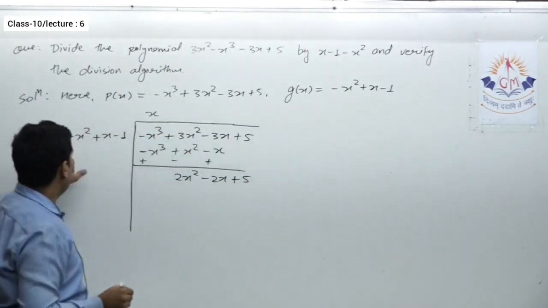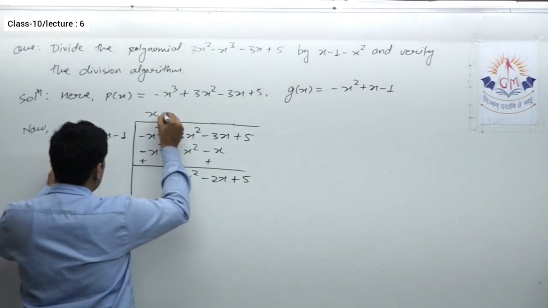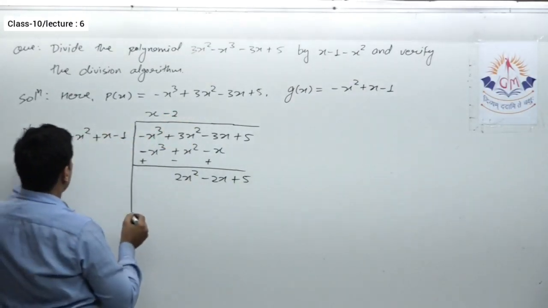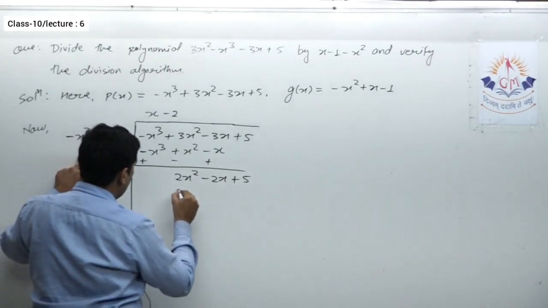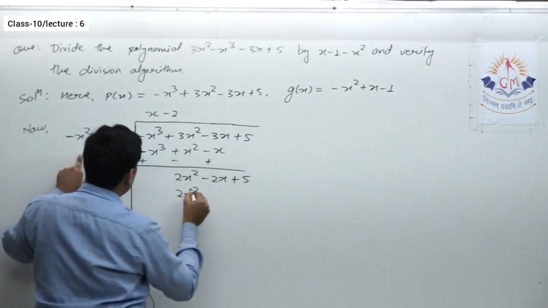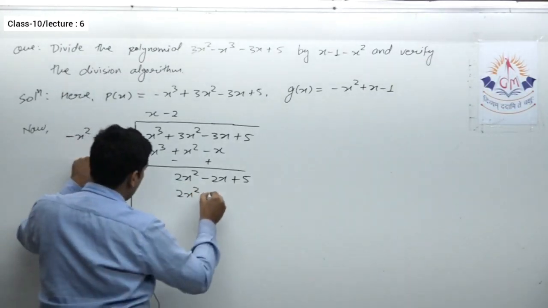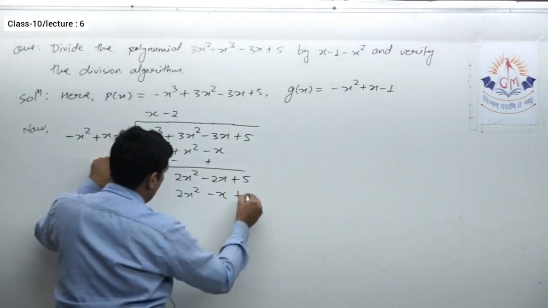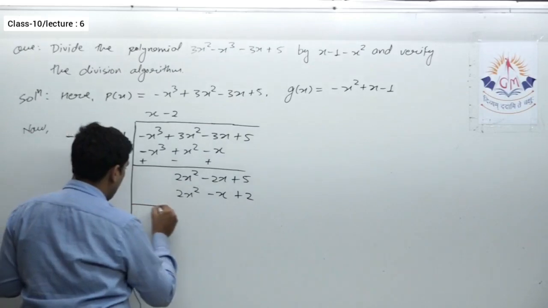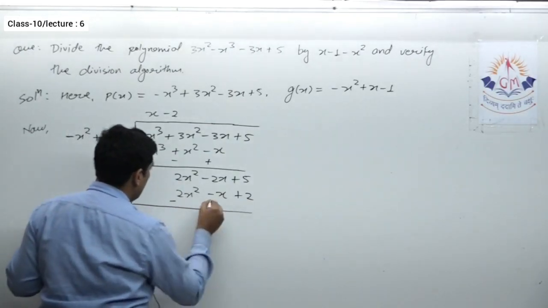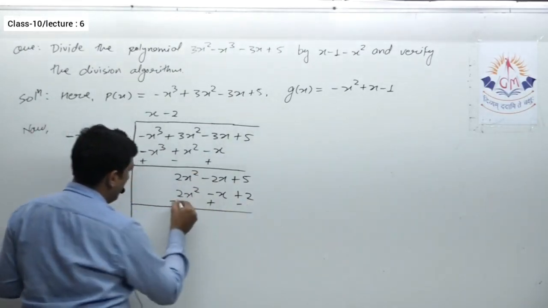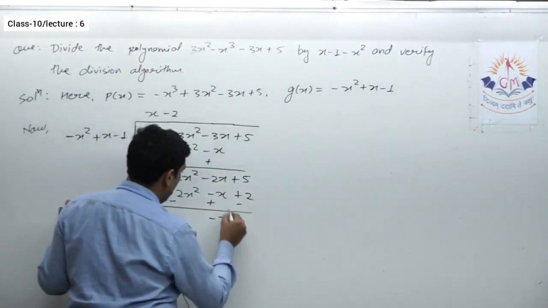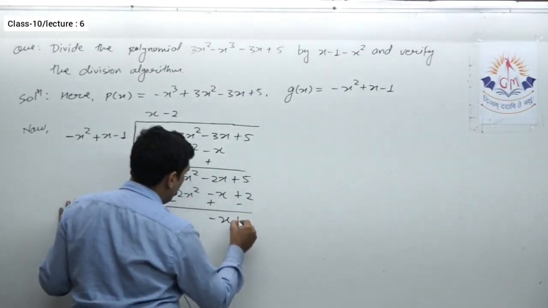Now again I have to take a term, so it should be minus 2. When I multiply minus 2 with minus x square, I get 2x square, then minus 2 with plus x is minus 2x, and minus 2 with minus 1 is plus 2. Now I subtract: 2x square cancels out, minus 2x plus x is minus x, and here plus 3.